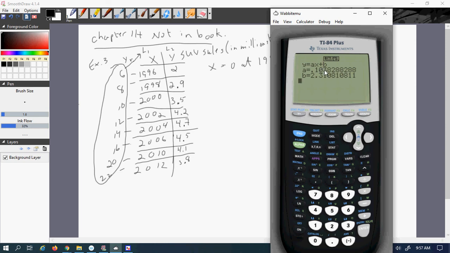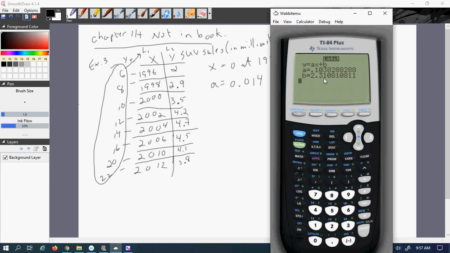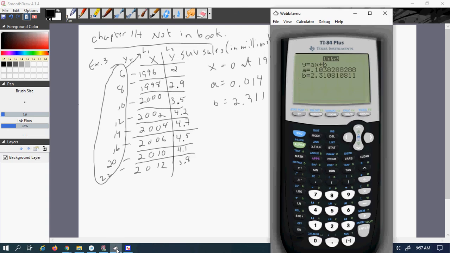So then A would be 0.104. And then my y-intercept, B, would be 2.311.